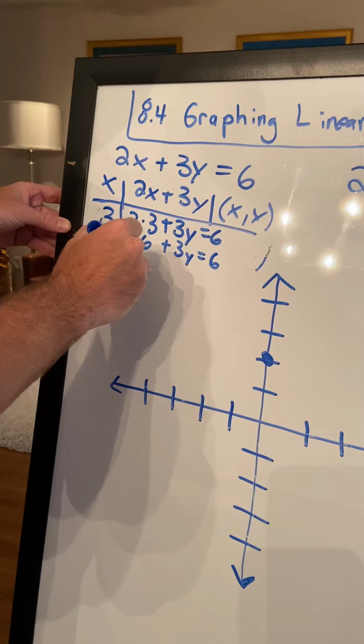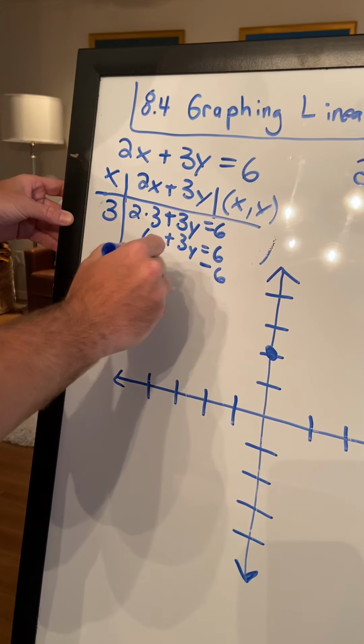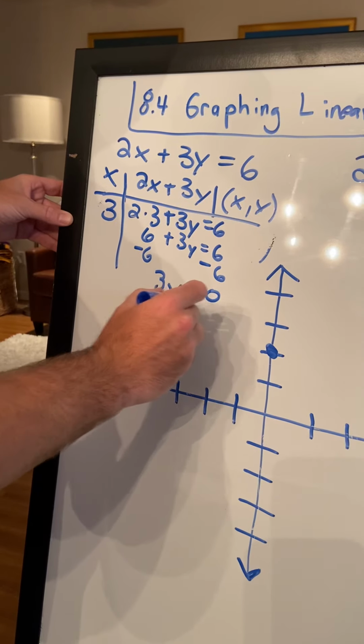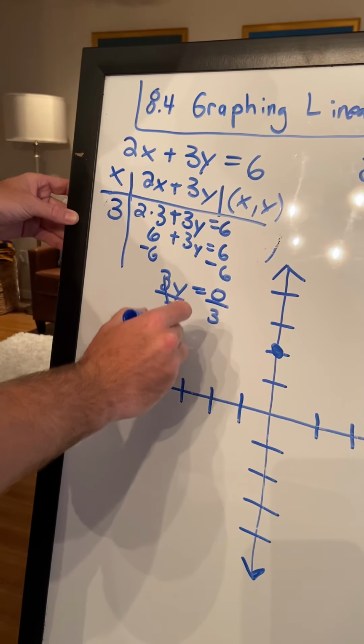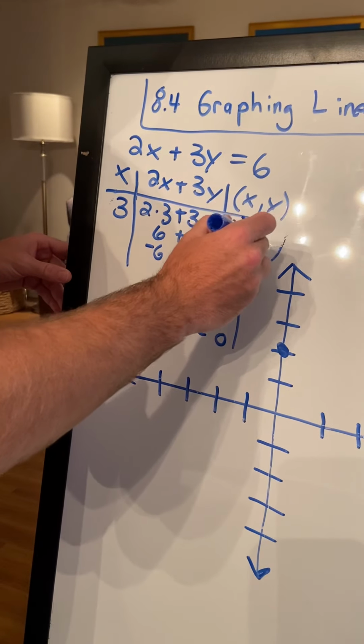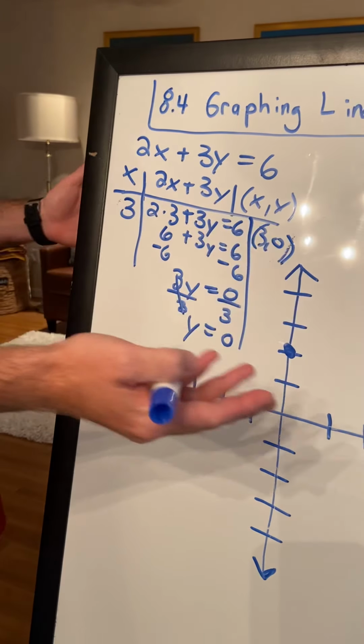Subtract 6 from both sides, and you get 3y equals 0. Divide each side by 3. Y is 0. So that means the point 3, 0 is going to be on my line.